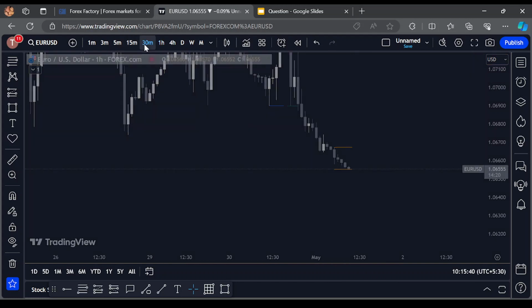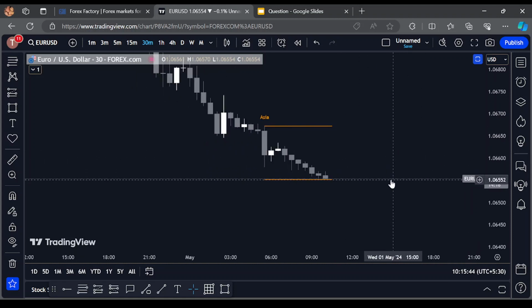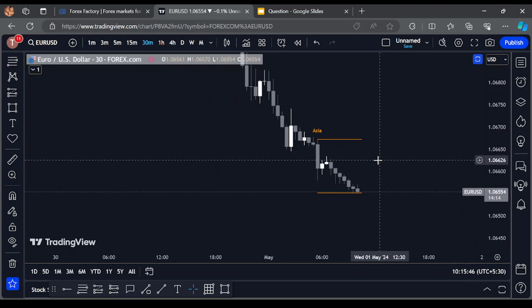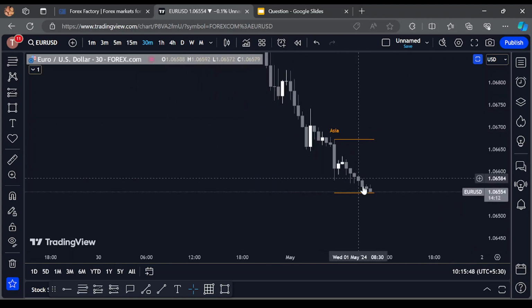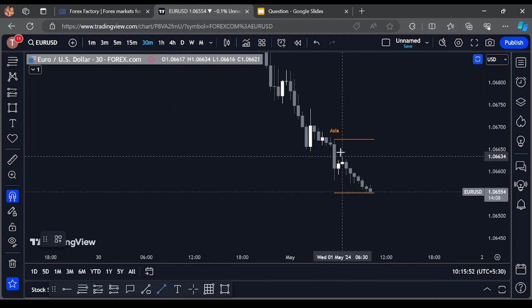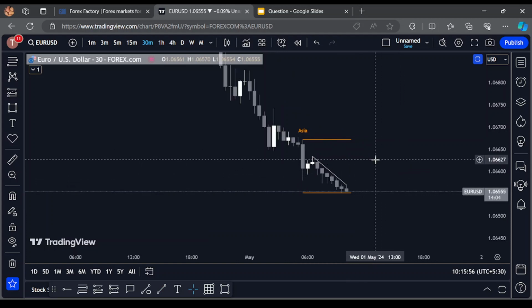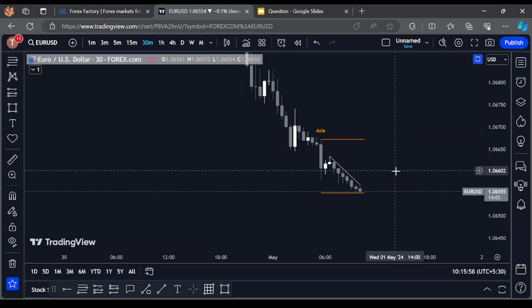So let's move to the 30 minutes. This is the 30-minute chart, and we are having something similar to that structure. And we can also see that the price is having this trend line liquidity. So most likely we are going to take this trendline liquidity and fall back.